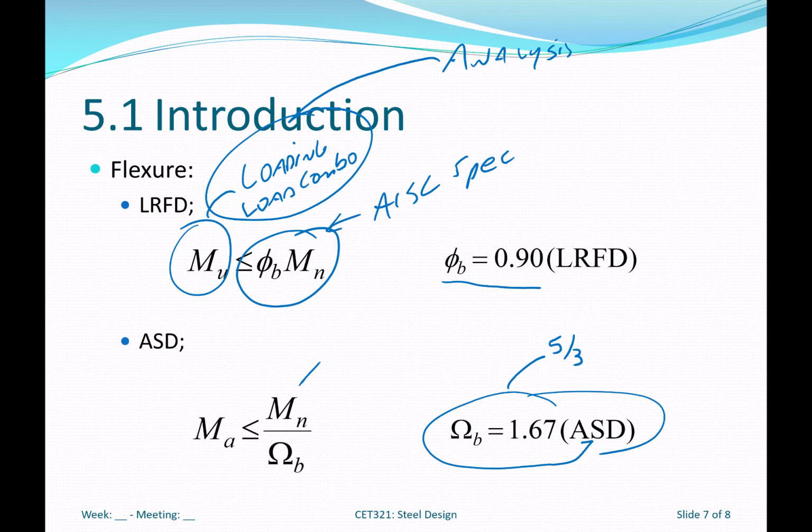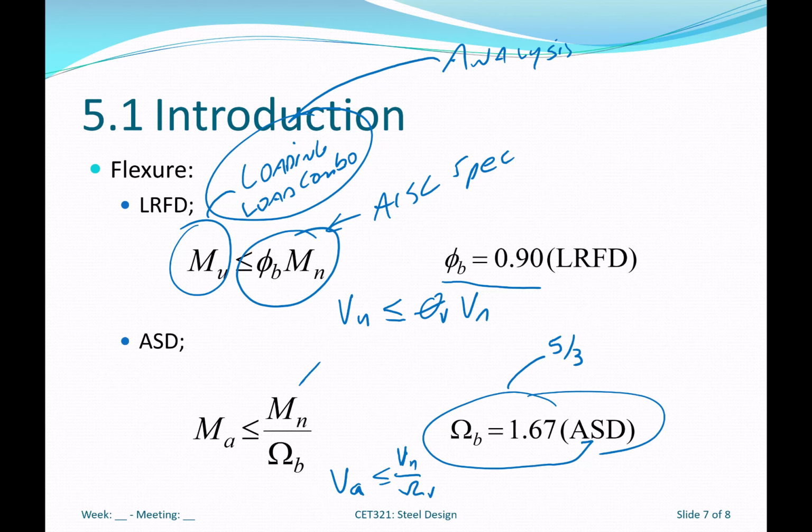We'll also see for shear, V sub u has to be less than or equal to phi v times V sub n, or V applied has to be less than or equal to V sub n over omega v for beams. Okay. But our primary concern is moment. Shear hardly ever concerns, but then there's deflection.